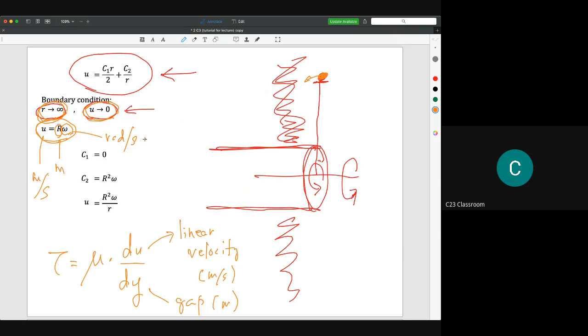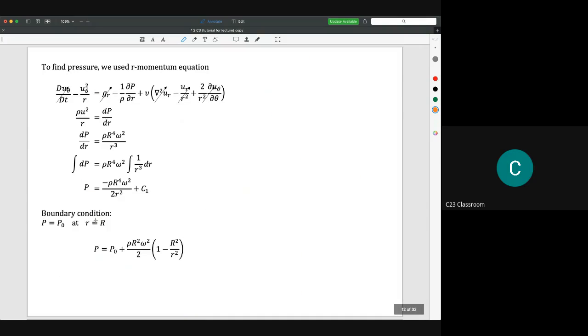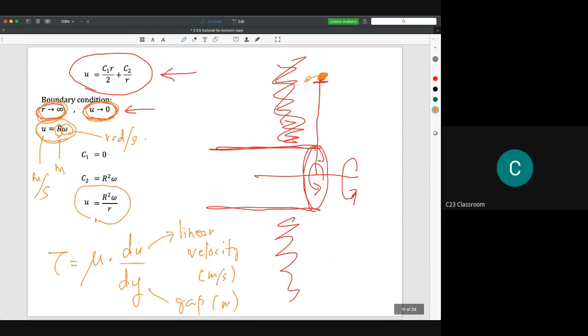So u equal to 0 here means r omega is equal to 0. If we substitute this, we get C1 equal to 0 and C2 equal to r square omega, and then we can write u equal r square omega over r. This is the equation.